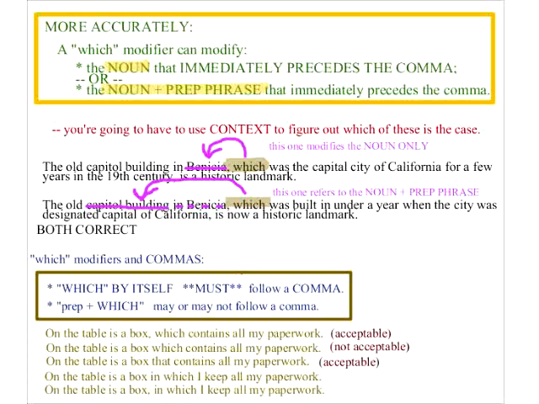These are both acceptable. The difference is a very writerly kind of thing. It's not tested on the GMAT, so I don't want to get into it because it would be a distraction. It's not anything that's ever actually tested that we've seen. But if you are interested in the difference, you can Google it. It's called essential versus non-essential modifiers. But if you have in which, these are both acceptable. Which by itself, not so much. Smiley face if you understand this. Any questions, go ahead and type. Otherwise, we will move on.